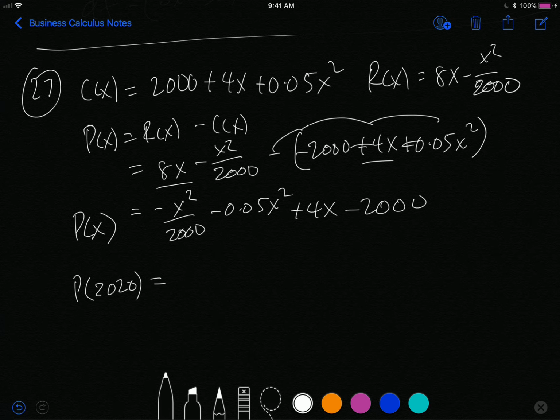When you plug in 2200, you get negative 1965.00.